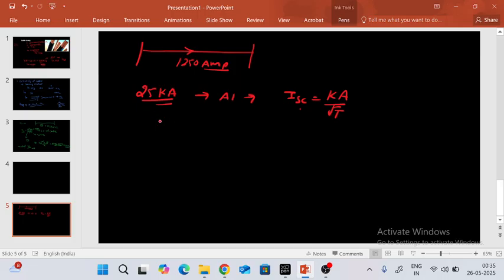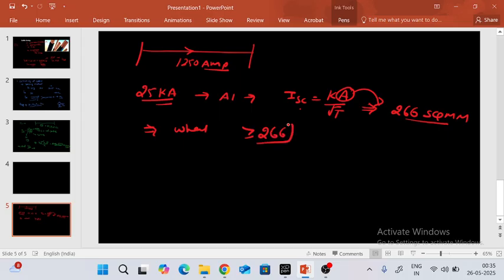So for example, if I calculate A, this will come to 260 SQM. So whatever cable I select should be greater than or equal to 260.